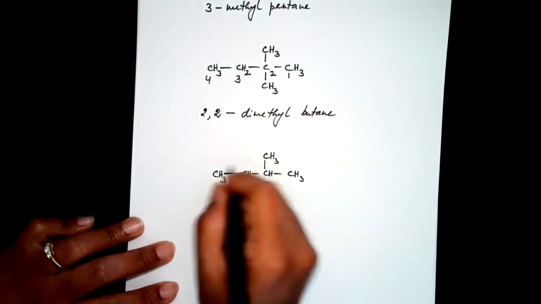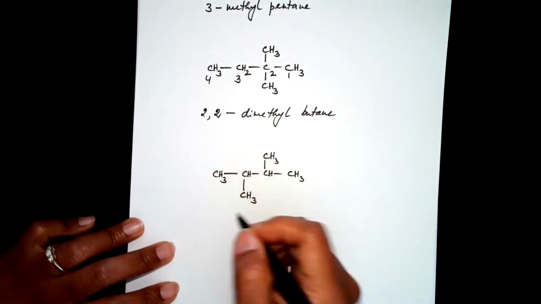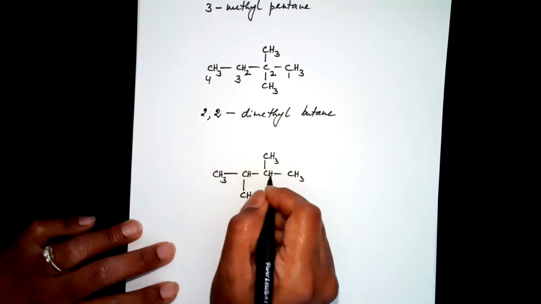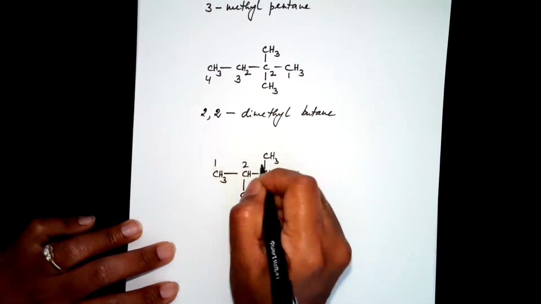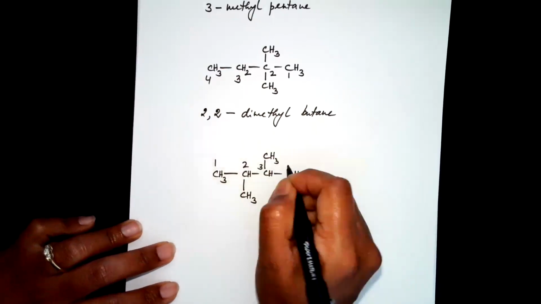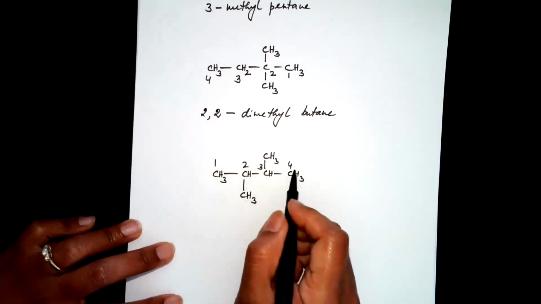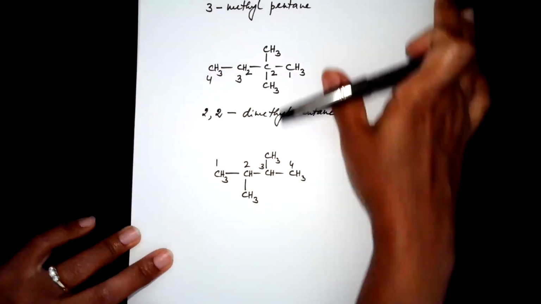The longest carbon chain is a butane. Number it in a way that your substituents get the lowest possible numbering. Either way, it would be 2 and 3. So you number it, number 1 here, 2, this could be my 3, this could be my 4. So I would have methyls at carbons 2 and 3. If I started numbering here, I would still have the same groups at carbons 2 and 3.